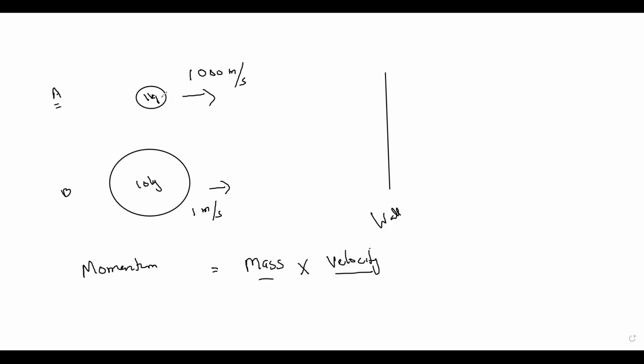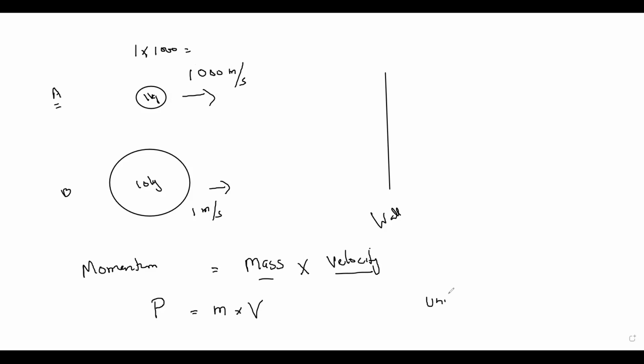The formula of momentum is mass multiplied by velocity. Momentum is denoted by the letter P, mass is M and velocity is V. For object A, mass is 1 and velocity is 1000, so 1 multiplied by 1000.